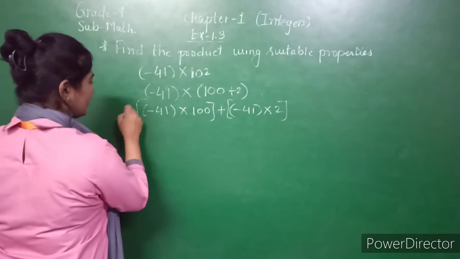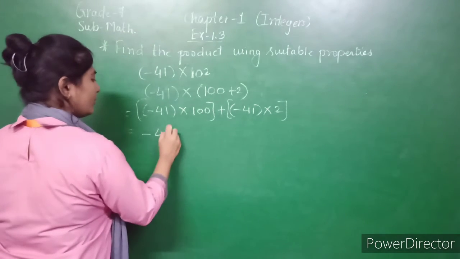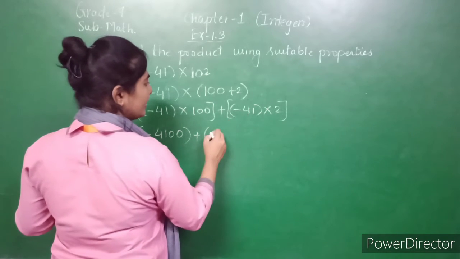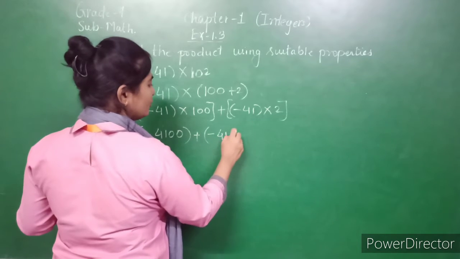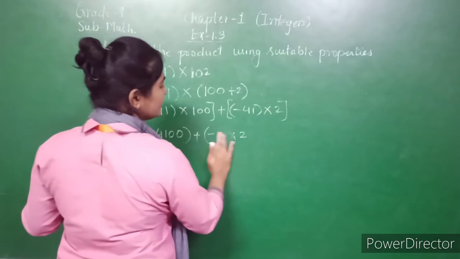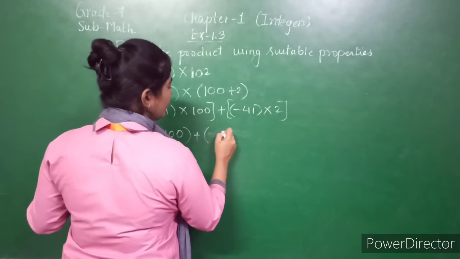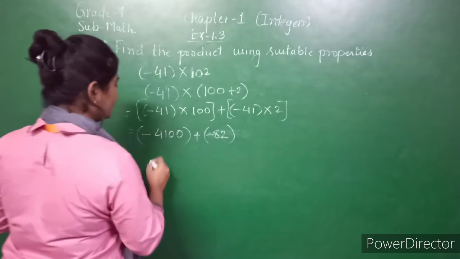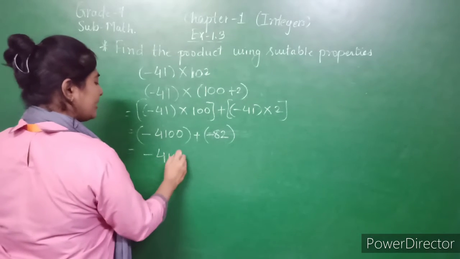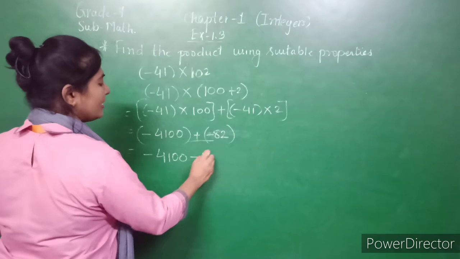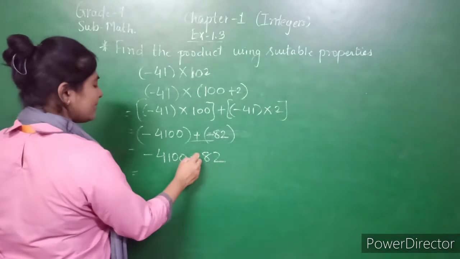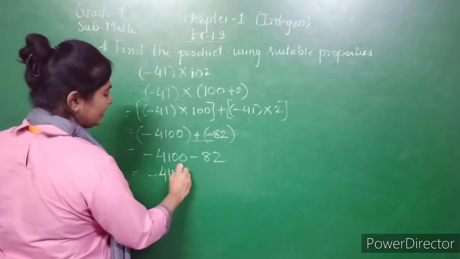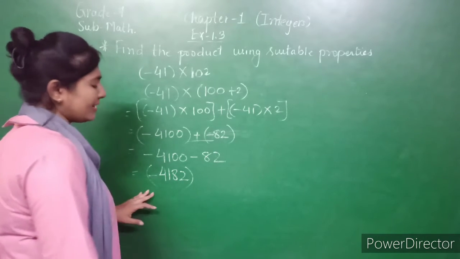So minus 41 into 100, that is minus 4100, and here minus 41 into 2, that is 82. So it is minus 82. So minus 4100 plus minus, it is minus 82. So minus minus, it is plus, but answer will be in a negative. So it is 4182.